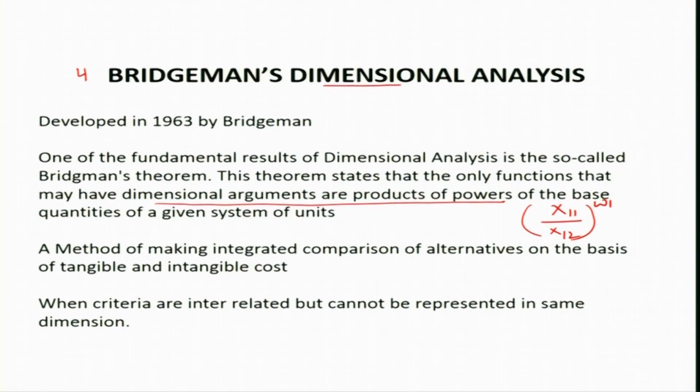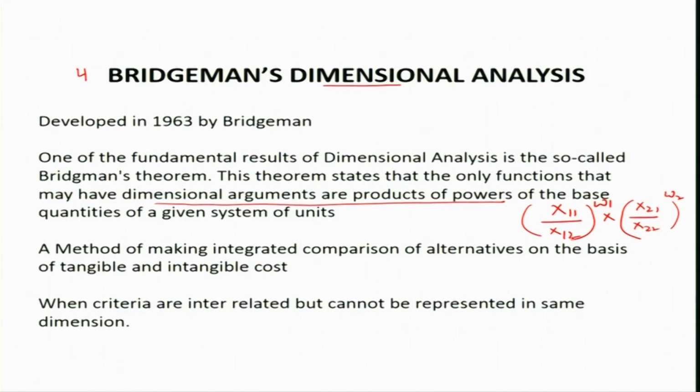So this is how we say that for any alternative which is having the dimensions, they may have a dimensional argument or products. So we have to multiply the product of the second factor, x21 divided by x22, to the power w2, like this, the product of the powers of the base quantities of a given system of units.